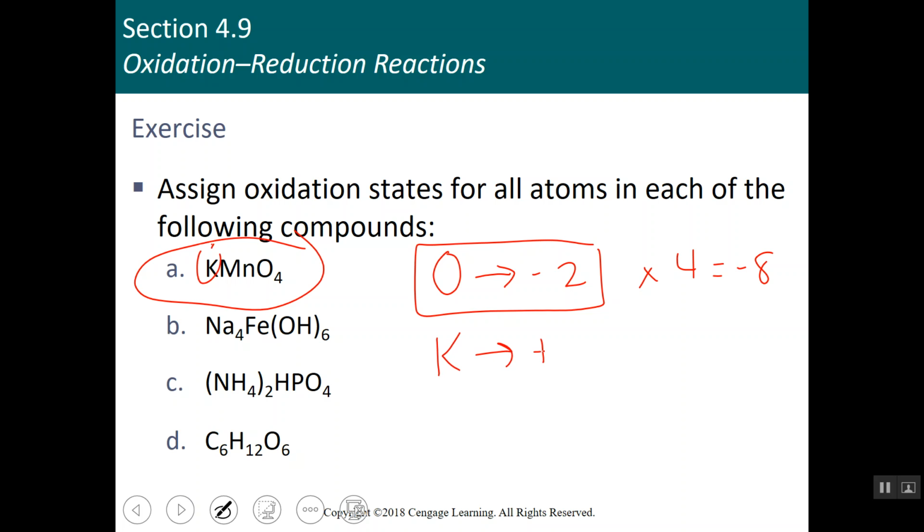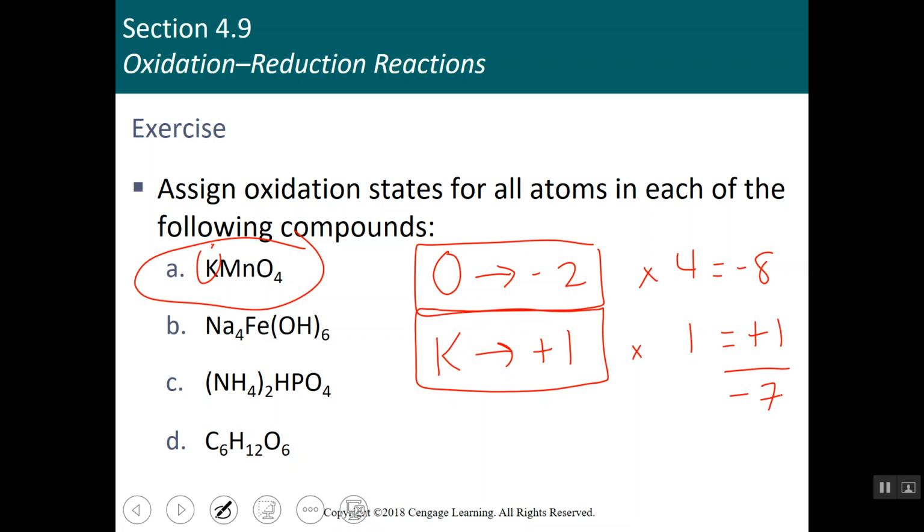So the oxidation state we're going to assign potassium is +1, just like we would if it was an ion. So there's one of those, so now we have a +1. If we add up what we have currently, that's going to total -7.